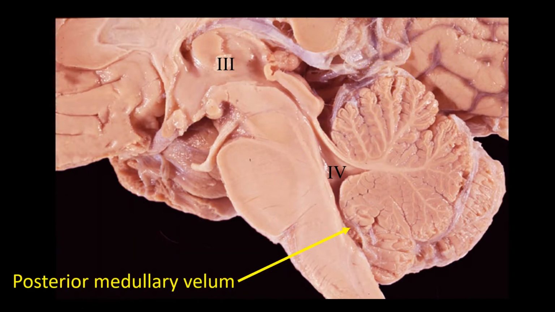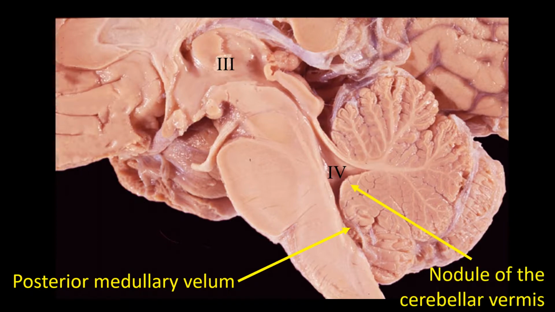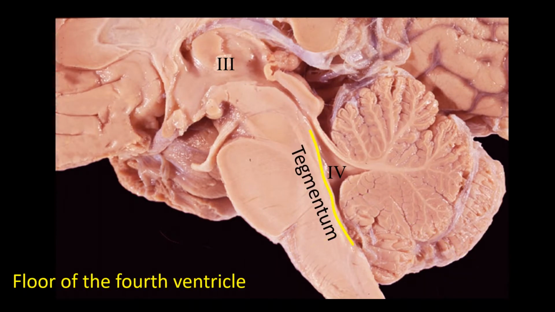The posterior medullary velum forms the roof of the lower fourth ventricle and melts into the nodule of the cerebellar vermis. The floor of the fourth ventricle is the medullary and pontine tegmentum.